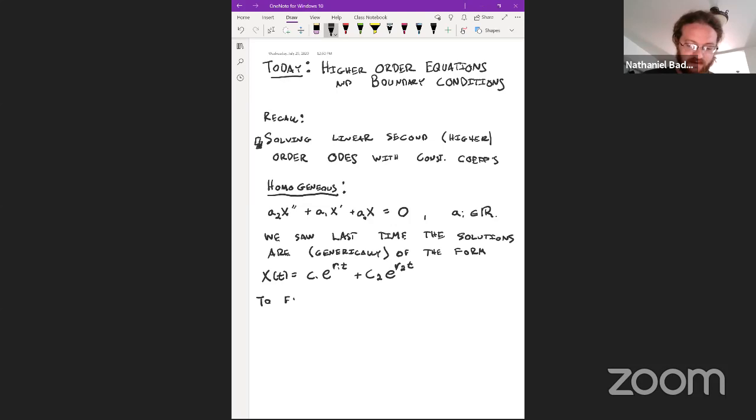To find the r_i, there's a nice little trick.